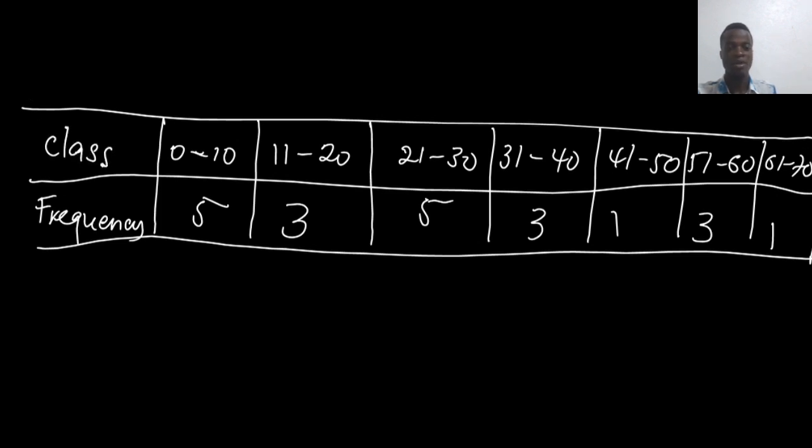We call them class. But why are all these terms important? Why do we need extra terms to understand data type 3? Remember, this is a class, and when we did that, we realized that for a class that is 0 to 10, you agree with me that we counted 5 items that fall within that class.